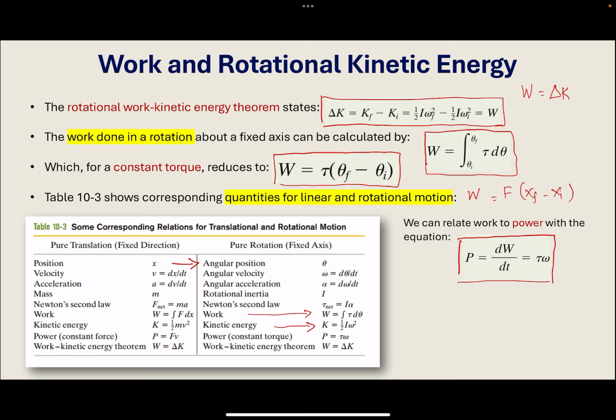That's why every engine specification lists both torque, in Newton meters, and power, in watts or horsepower. They are directly related through this equation. So in summary, force causes linear acceleration, torque causes angular acceleration, linear kinetic energy depends on mass and velocity, and rotational kinetic energy depends on moment of inertia and angular velocity.